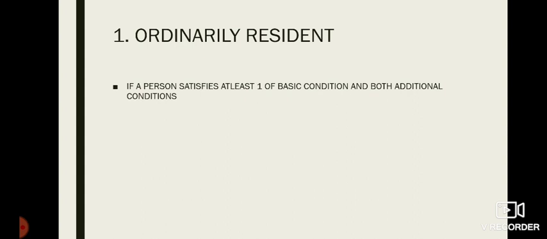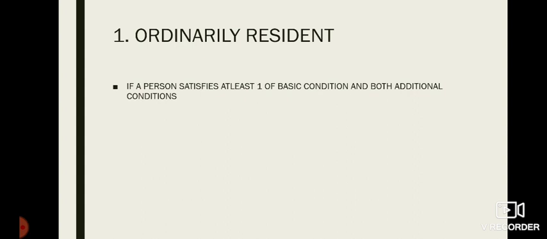Either he stays in India for 182 days or more in the previous year, or he stays in India for 365 days during the 4 preceding previous years plus 60 days in the previous year. Any one of the basic conditions is fulfilled, plus both the additional conditions are to be fulfilled.